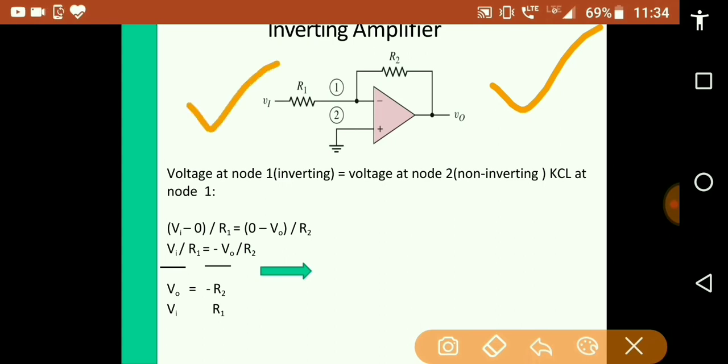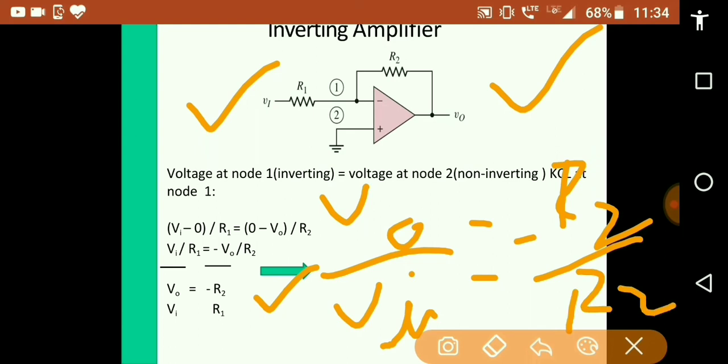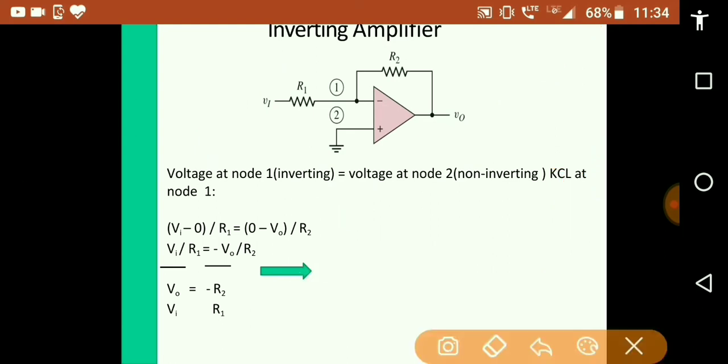So in the inverting configuration, the gain VO by Vi equals minus R2 by R1.